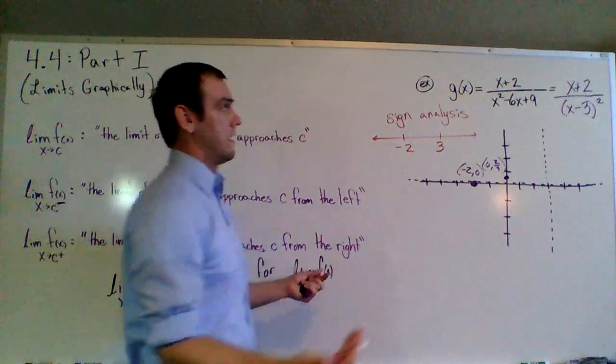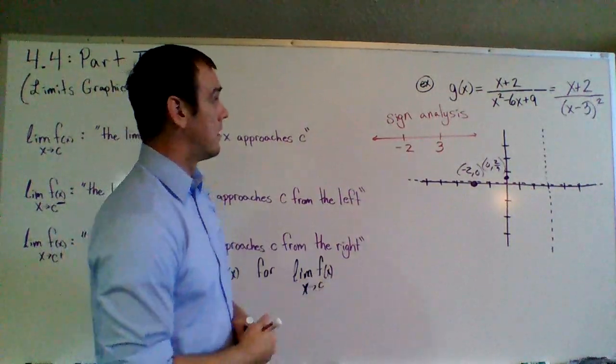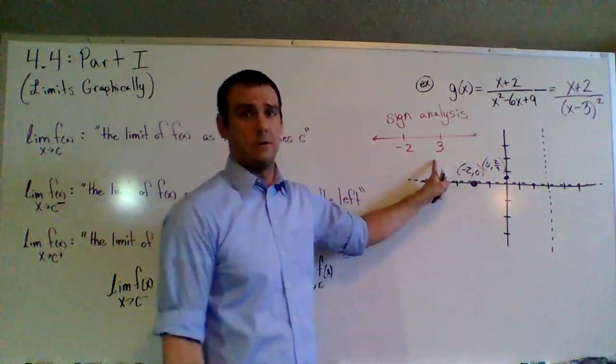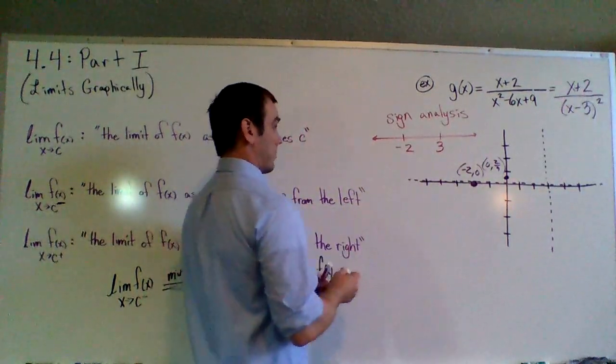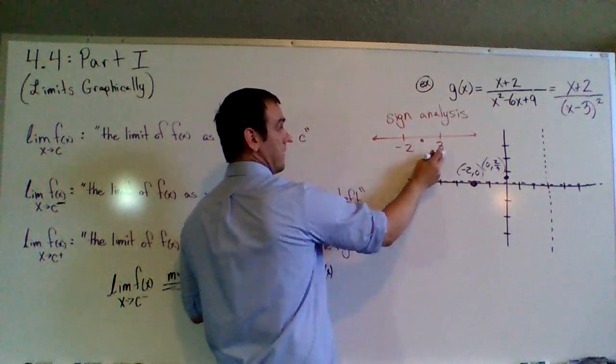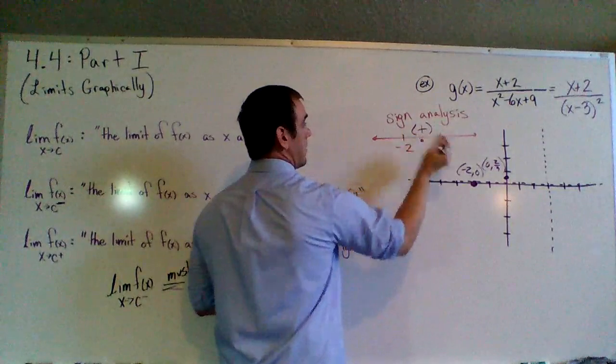You can plug in any number that's not negative 2 or positive 3. 0 is a good one, and we already know it's going to be positive at 0. So I'm going to put a big plus here, because 0 is in between negative 2 and 3.